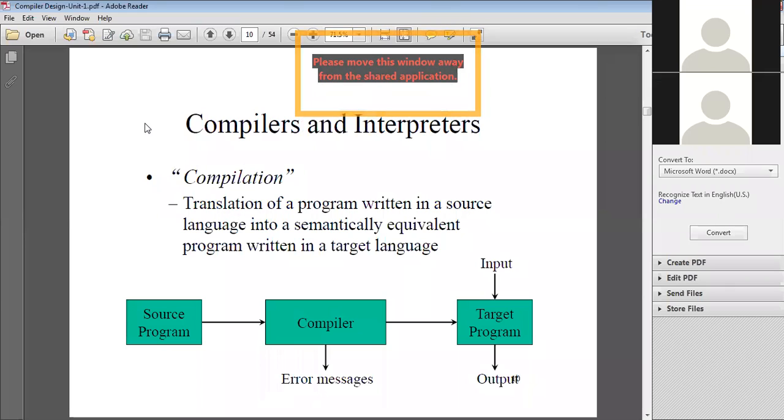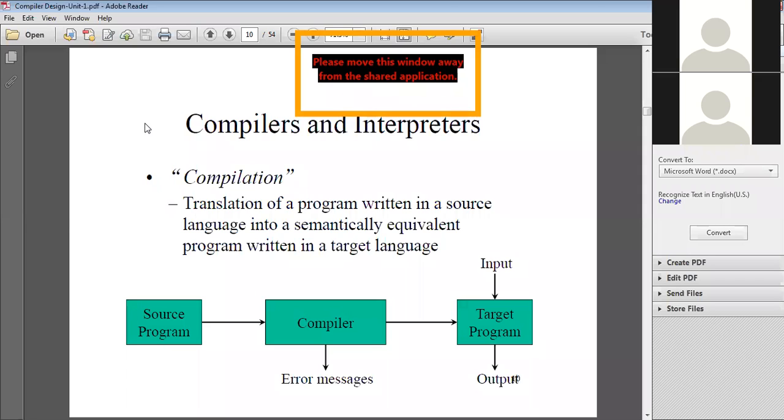Now let us come to the basics of compilers and interpreters. Compilation means translation of a program written in a source language into a semantically equivalent program written in a target language. Consider the example of a C program, since you have already used a number of compilers.